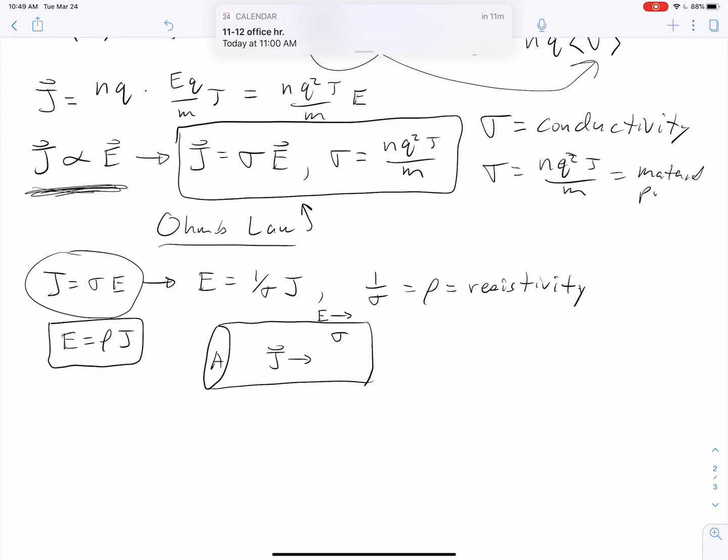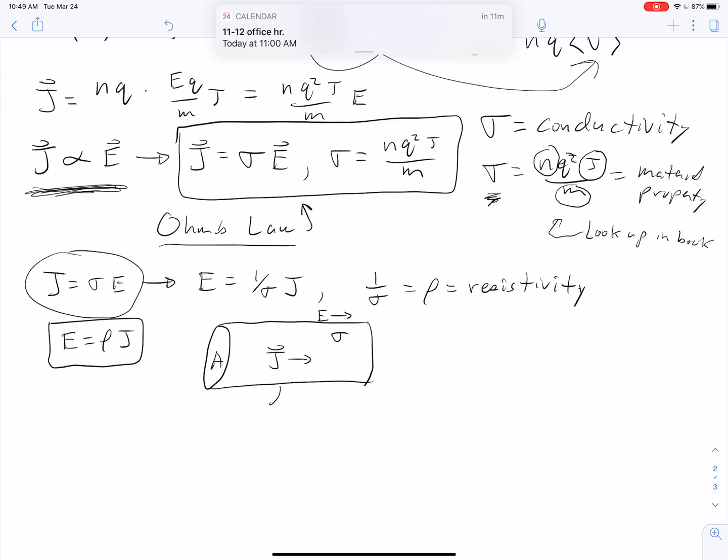You can see that this conductivity depends on the density of charge carriers, the mass of the charge carriers, the scattering time tau. These are material dependent properties. So for each material it's different. You have to look it up in a book. For every material it's different. This ratio of properties. So sigma is a material property.